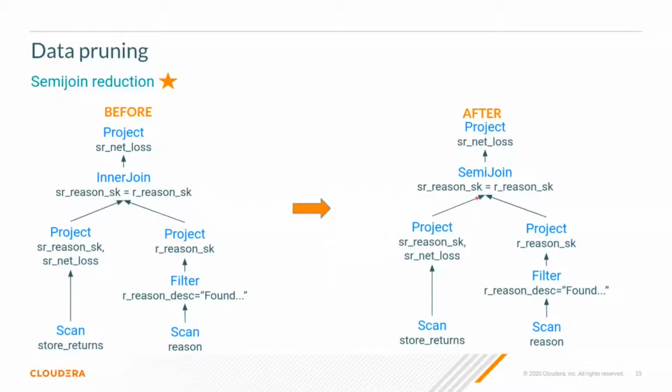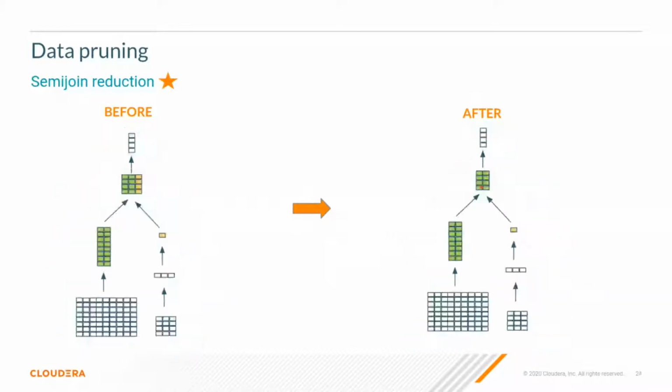So what the semi-join operator does is exactly this. We are only using the results from the left side of the join, and the right side is used only for pruning the data. And essentially, this result of the join is again thinner. So we are sending less data to the operators that follow.